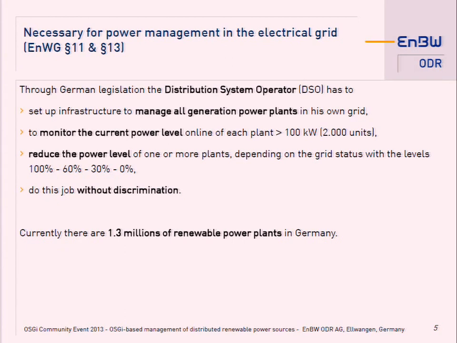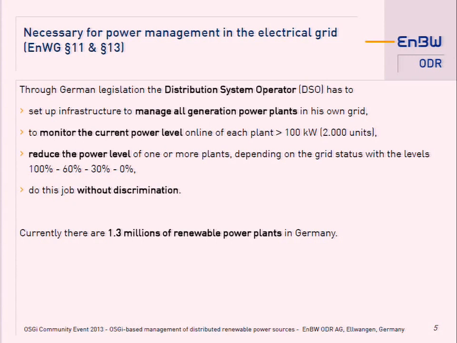This means we have to monitor online each renewable power plant that has a peak level above 100 kilowatts, and we must be able to reduce the power level if the grid state needs it. This we have to do without discrimination. This means we cannot only limit one power plant each time; we have to do it in a discrimination-free way.